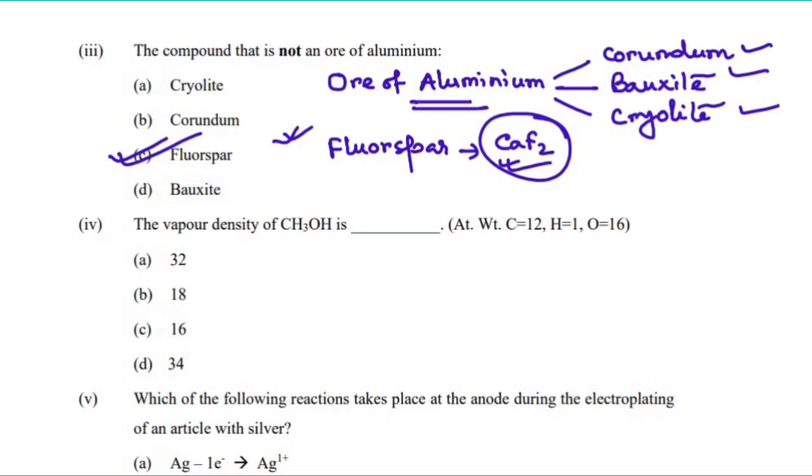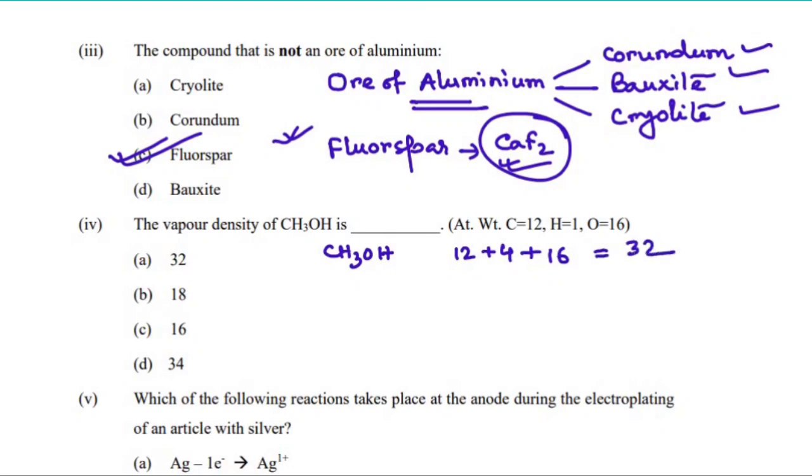The vapor density of CH3OH is dash. At first we have to calculate the molecular weight of CH3OH. That is C, 12; H3 and H, the total number of H atoms is 4, so 4 into 1, that is 4; and 1 O, that is 16. Total 32.